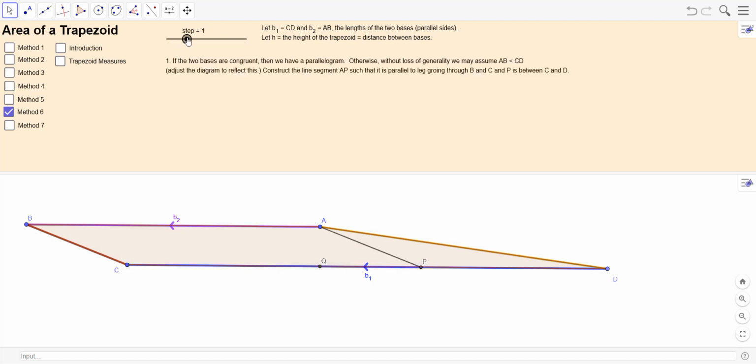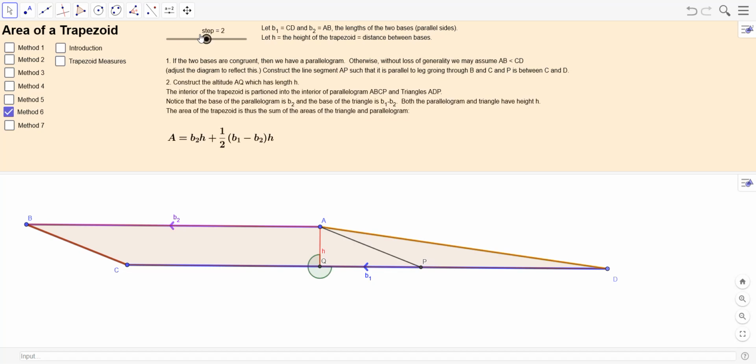Okay, this one, the two bases were congruent, we have a parallelogram. Otherwise, we assume that AB is the smaller one. That's the way I've got it drawn. Then draw a parallel line here, and now it cuts it into a parallelogram and a triangle. So what do we get?